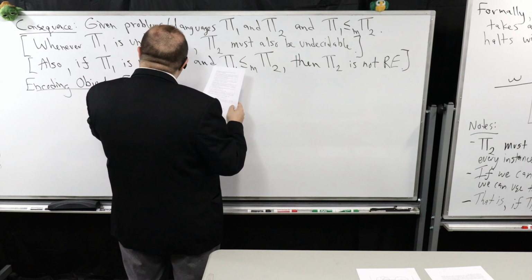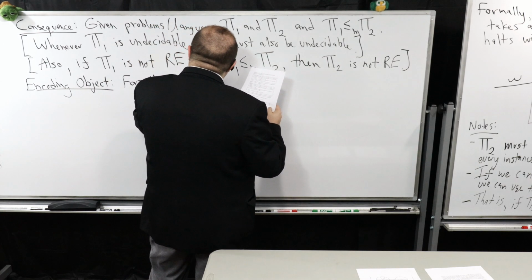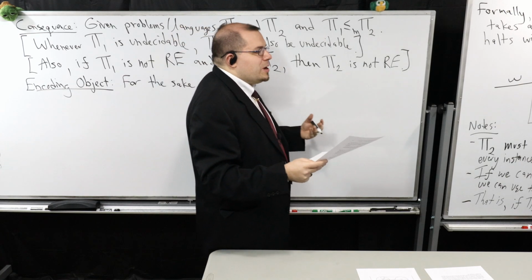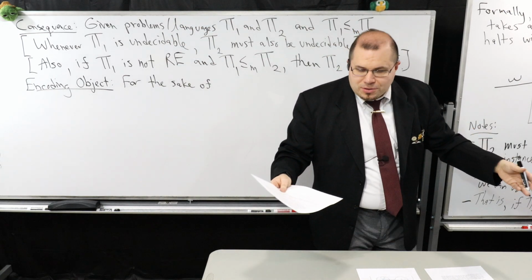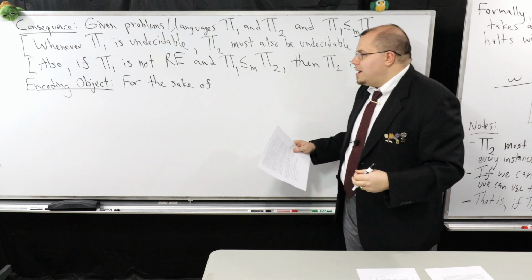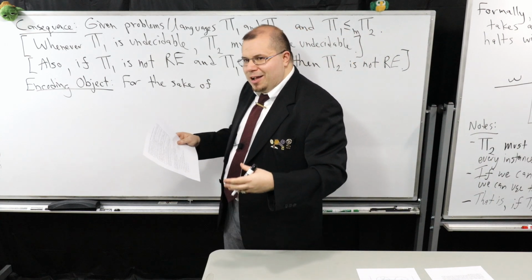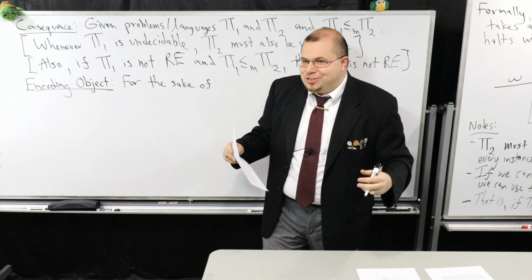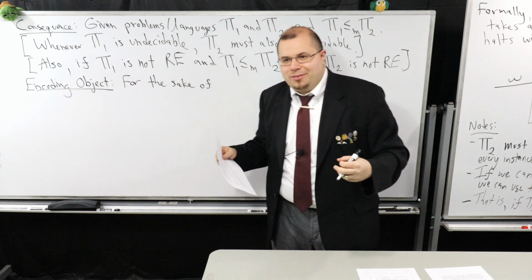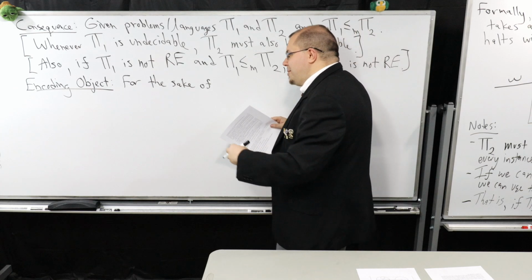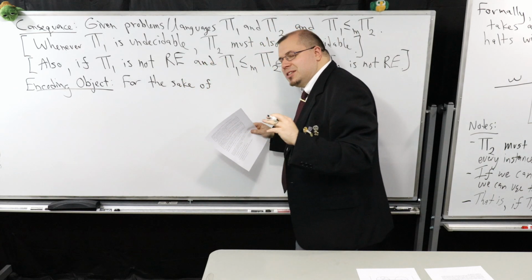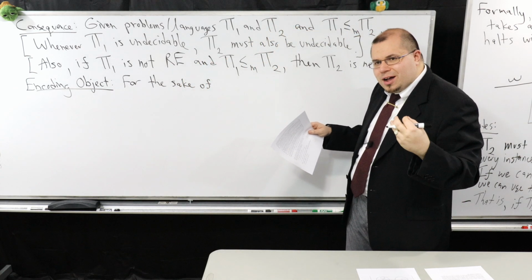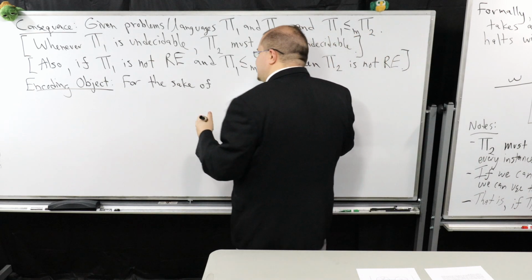For the sake of simplicity, because I think at this stage we understand how you encode a Turing machine, and if I gave you multiple Turing machines, you would know how to describe those in binary, I'm going to use some special notation to make this easier for us to describe the problems we're going to consider.